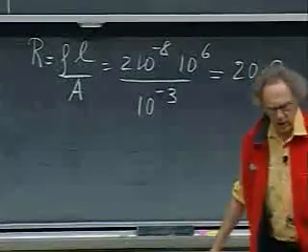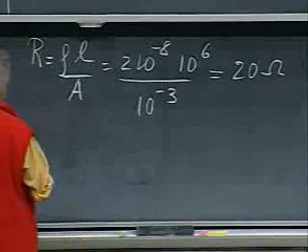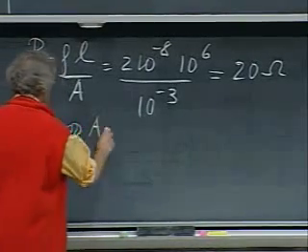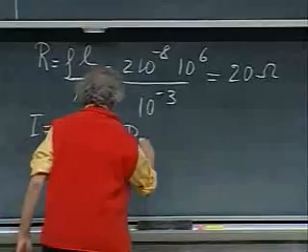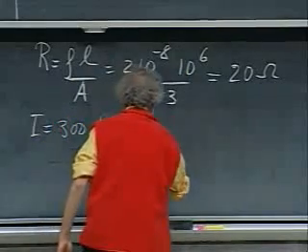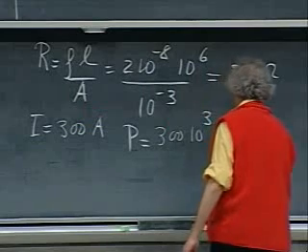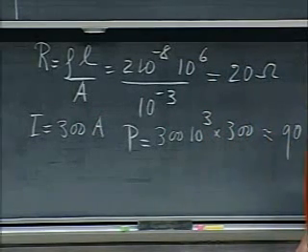And to make the numbers a little easy, if we have a current of, say, 300 amperes, then the power that the power station produces, if we take the 300 kilovolts for now, would be the 300 kilovolts times the 300 amperes, and that is about 90 megawatts.